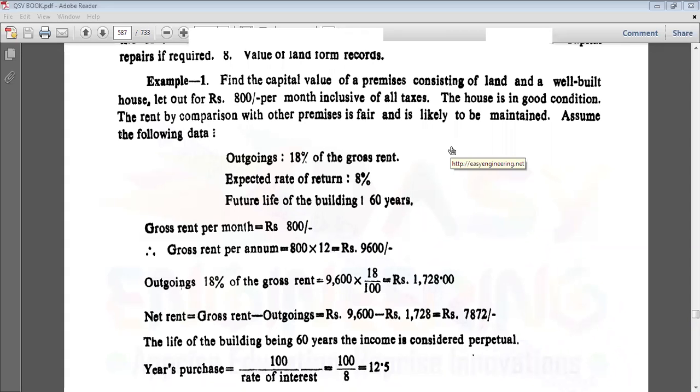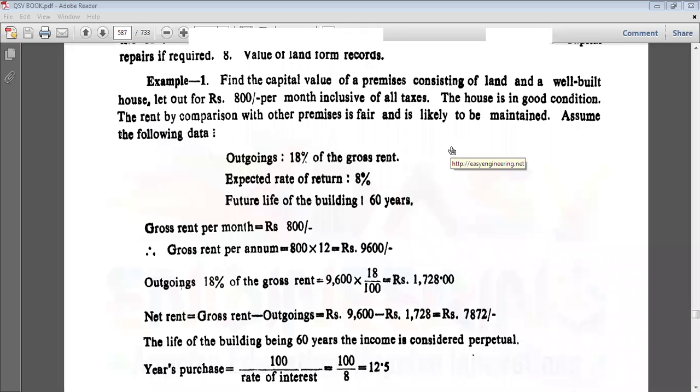Though as per design, it suggests that at least 30 to 50 years my building will withstand, if you go up to 20 years, you can see how much depreciation has occurred for that structure. So maintain the quality, that is what I want to tell everyone. As far as this problem is considered, the future life of the building is assumed as 60 years.